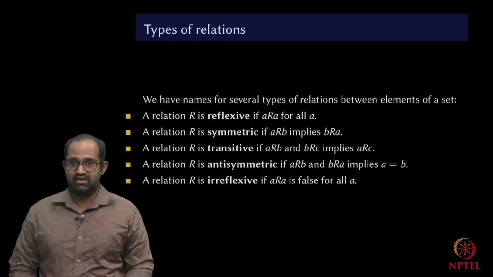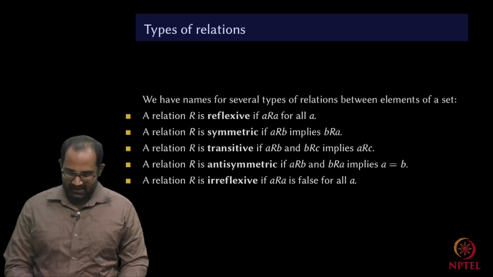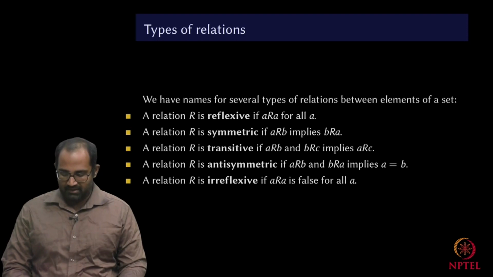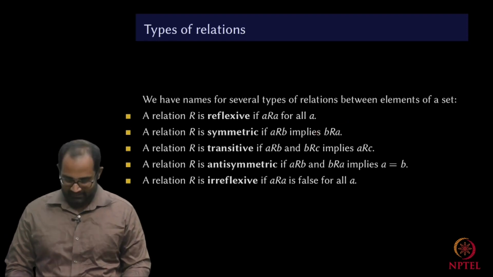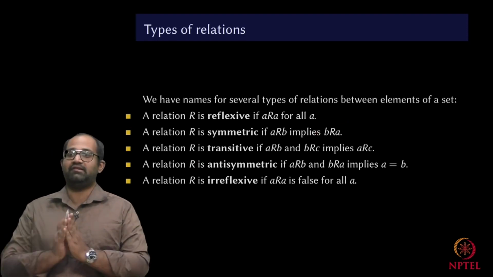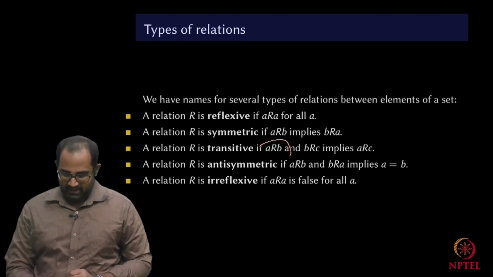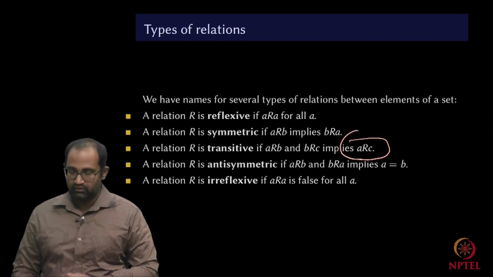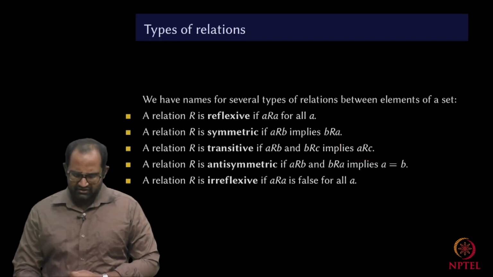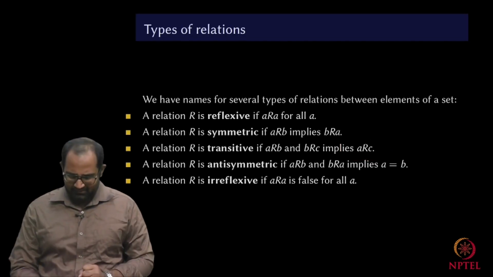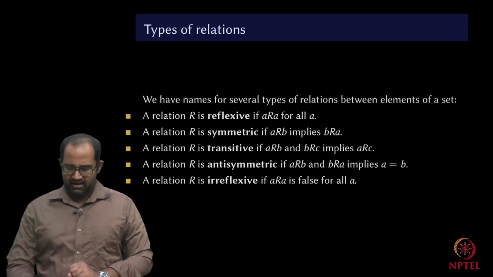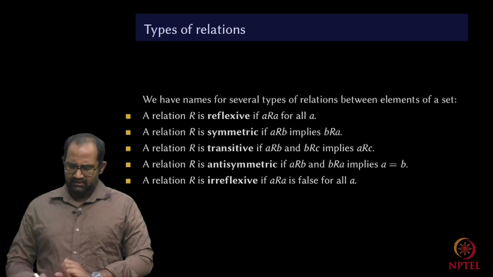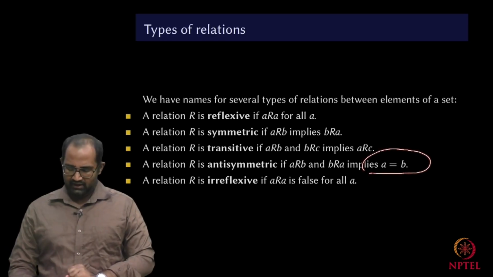Symmetric, as the name suggests, means that whenever the element A is related to the element B, automatically the element B is related to the element A. Transitivity means if A is related to B and B is related to C, then automatically A is related to C. A relation R is said to be antisymmetric if whenever A is related to B and B is related to A, then it forces A to be equal to B.